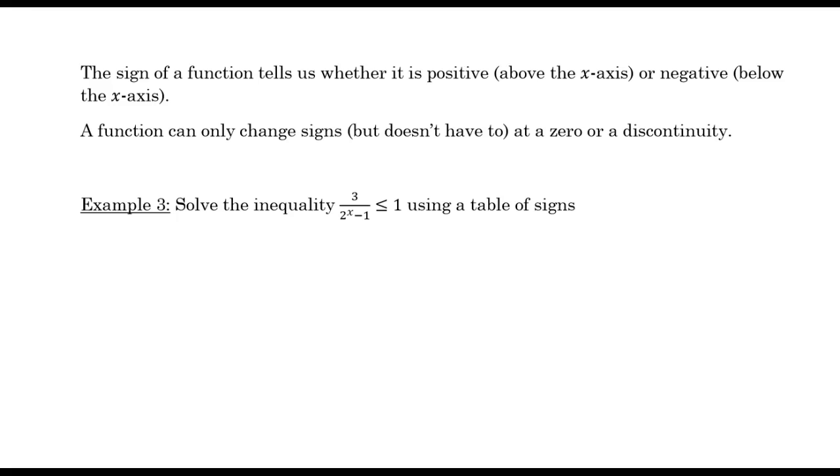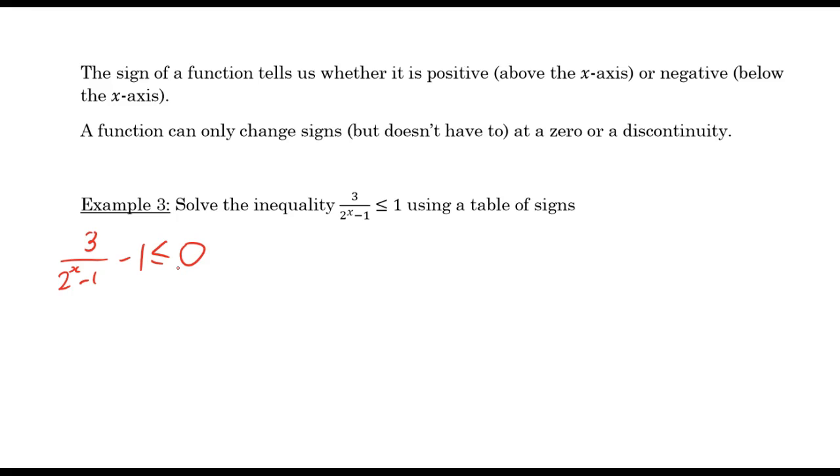So let's change this around a little bit, and I'm going to say that 3 over 2 to the x minus 1 is less than or equal to 0. Right, so now I'm chasing the sign of this thing. I don't want to know where it's less than or equal to 1. I want to know where it's less than or equal to 0. So really I want to know where it's positive and negative.